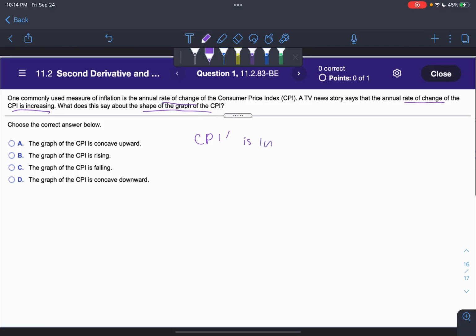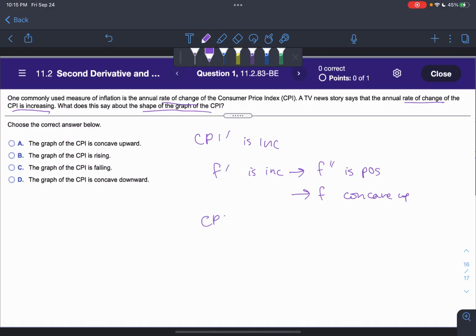And so when CPI prime, or we can think of it as F prime, is increasing, this means that my F double prime is positive. And then in terms of F, this means that F is concave up. We can just replace F with our CPI if you'd like.